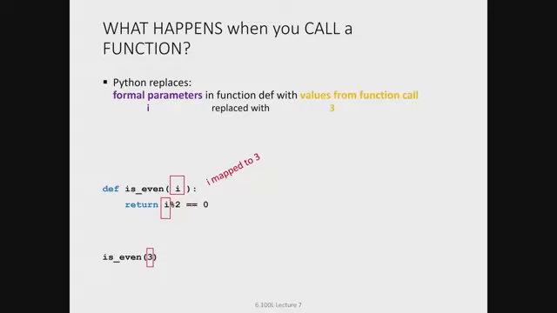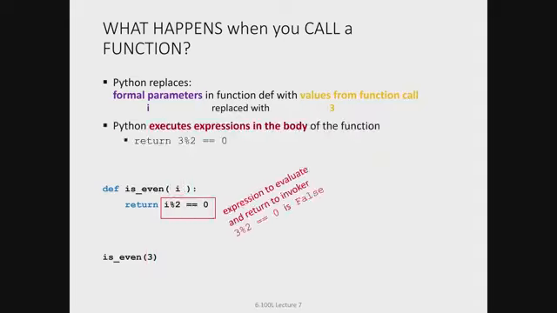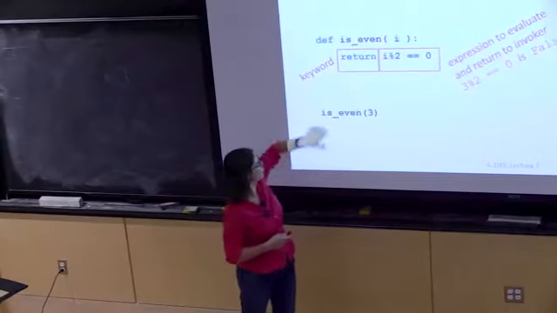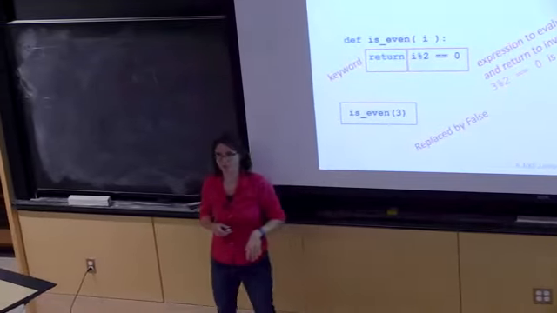It replaces i with 3. So we have 3 % 2 == 0. Now we have a tangible value, right? False. So this expression is replaced with False. And so this line of code here will return False. And as soon as Python sees that return value, it immediately exits the function and gives back the value that you're returning to whoever called it. So this entire function call here will be replaced by False.